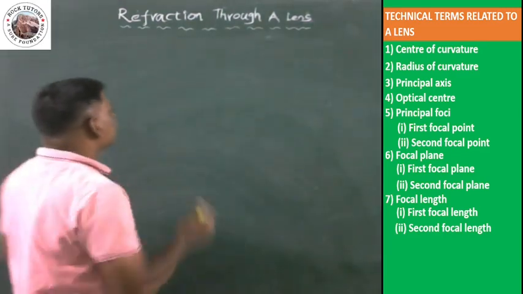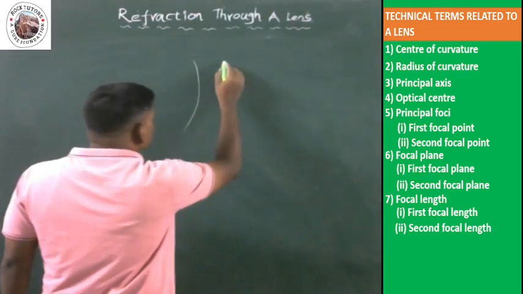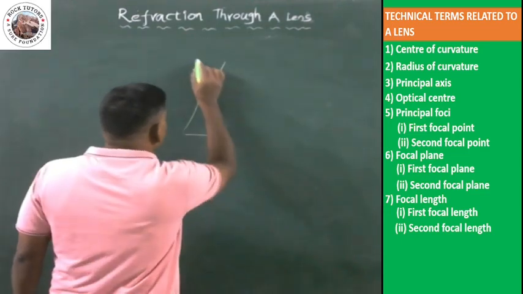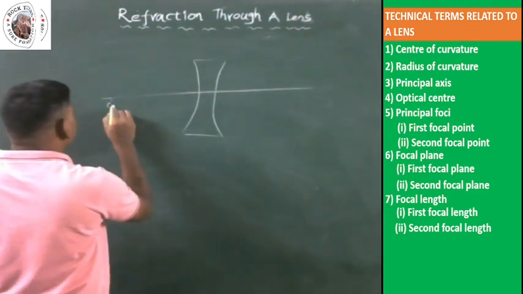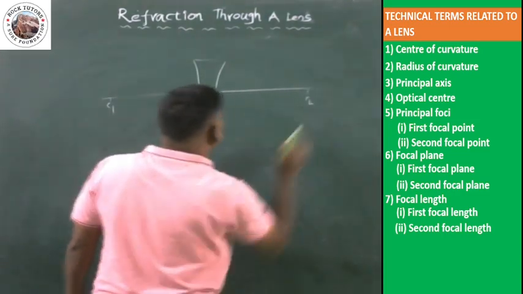For the concave lens, this is the concave lens. This is C1, this is C2.